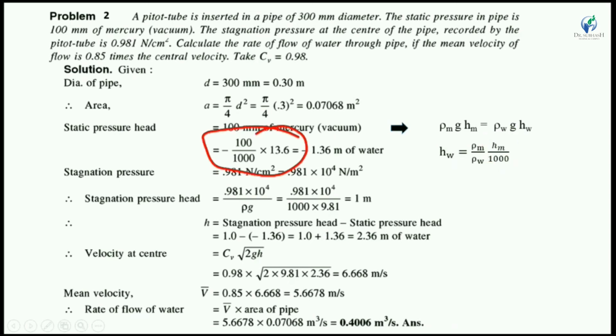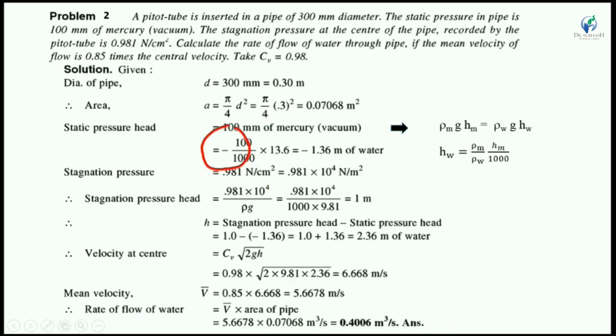So now put in all the values. Density of mercury is 13.6 and density of water is 1. And Hm, the height of the column of mercury, is 100 mm, so divide by 1000 to convert to meters.